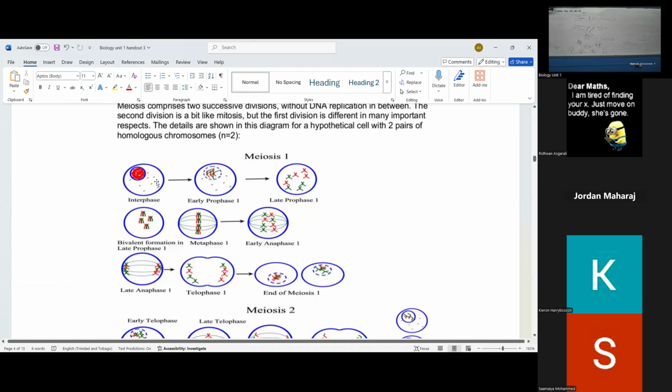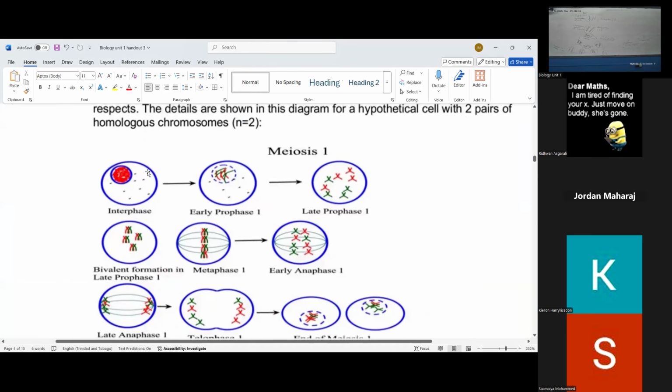In early prophase, going from interphase to early prophase, the nuclear envelope is beginning to disintegrate and the chromosomes are starting to become visible, but not fully visible as yet. In late prophase is when your chromosomes become visible and they form something called bivalents.